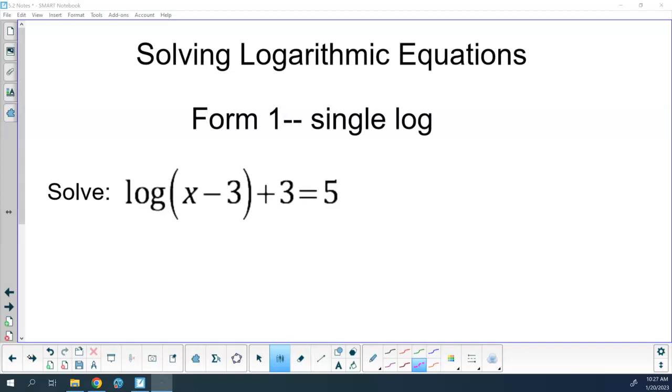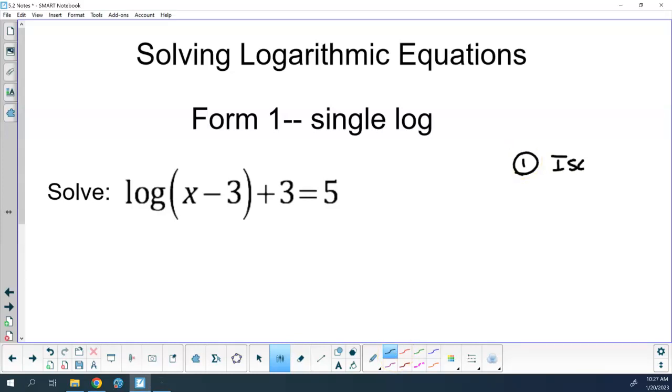If you have 2, then somehow you would be able to get the same base of them, and I'll show you that when we get to double logs here.